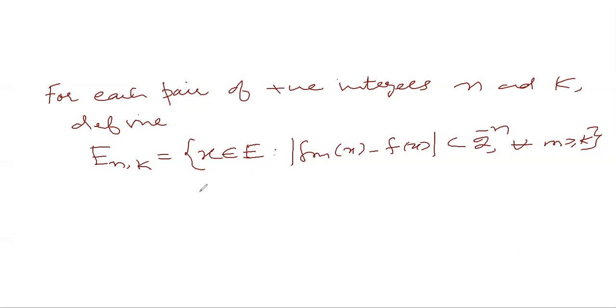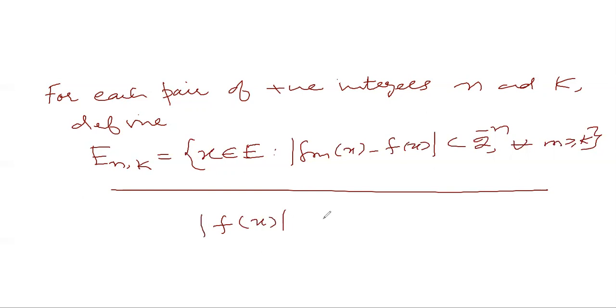Why is it measurable? Let me explain. Suppose f is a measurable function. Then the set of x such that the modulus of f(x) is less than or equal to a is a measurable set. Why?